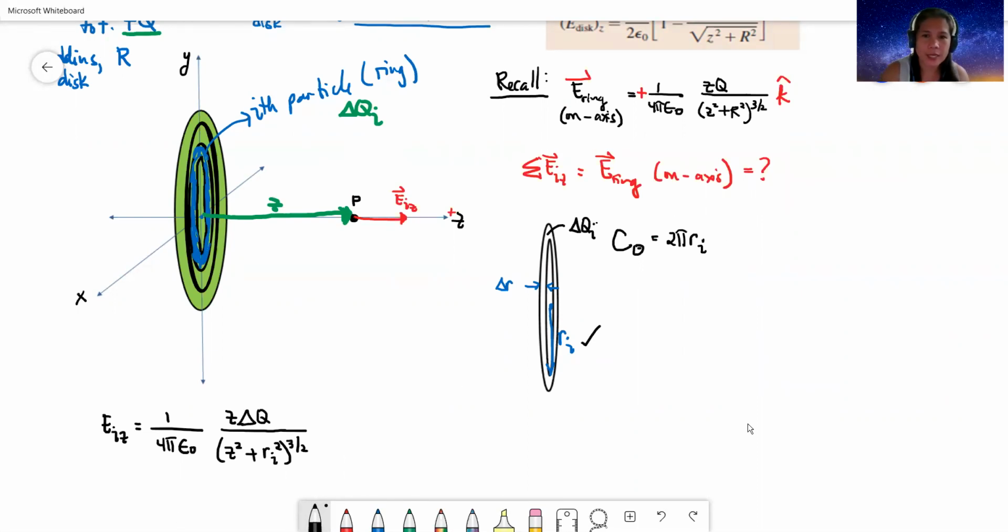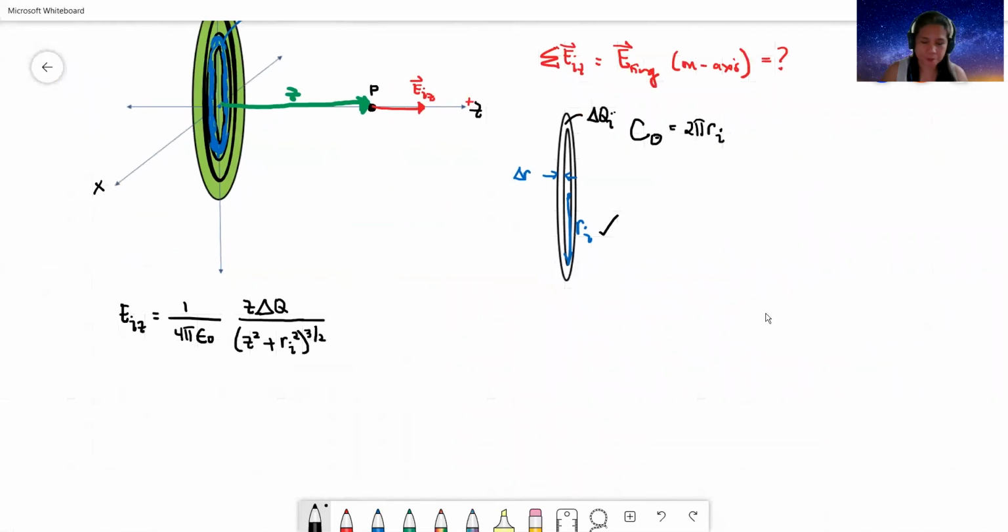So now that we have substituted the correct symbols here, the next would be to express delta Q. I'm sorry, this should be delta Q sub i for the single ring. Express delta Qi in terms of coordinates.